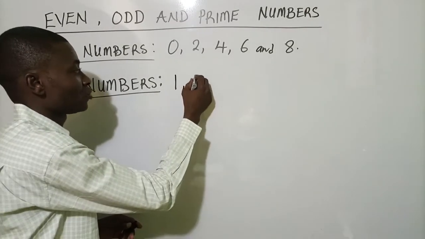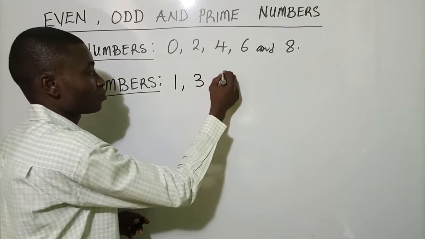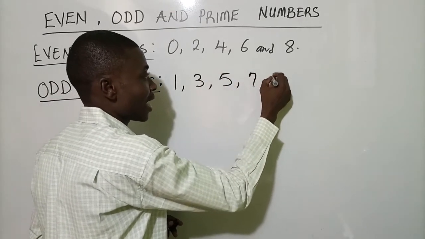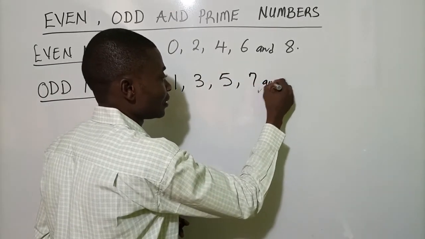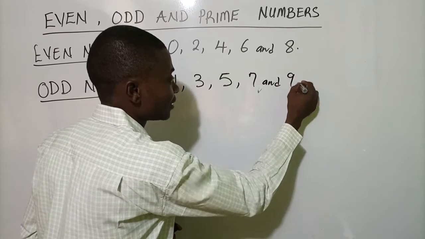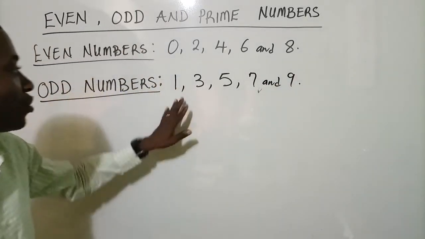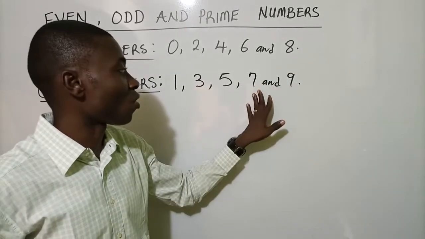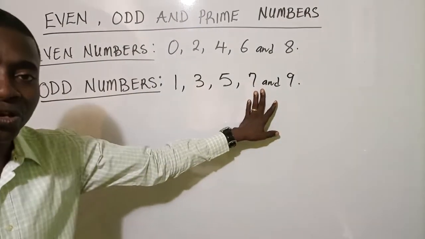And the next one is what? 3. Next one, 5. Next one, 7. And 9. These numbers you're seeing on the board, 1, 3, 5, 7, and 9, are all called odd numbers.